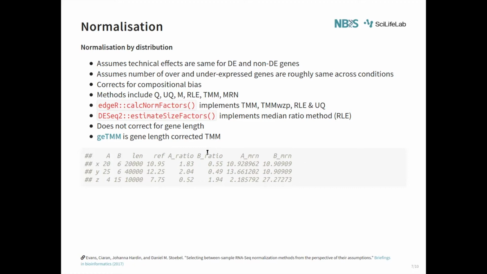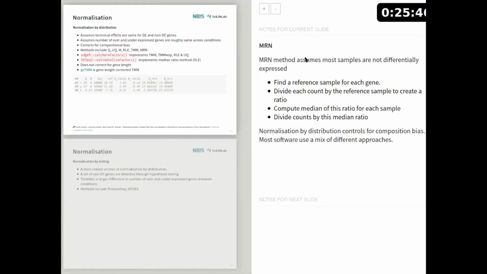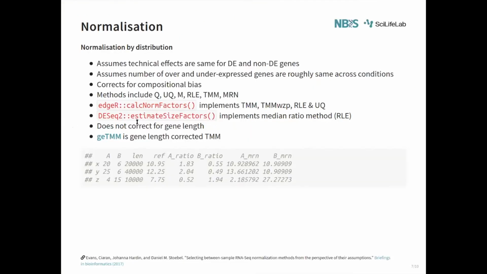MRN has a few steps. If you are interested in how MRN works, I have written it down here step by step. And if you want to try it out, it's in the differential gene expression lab, so we can look at that maybe tomorrow. That's a function that runs this, but in practice, you actually don't have to do anything.